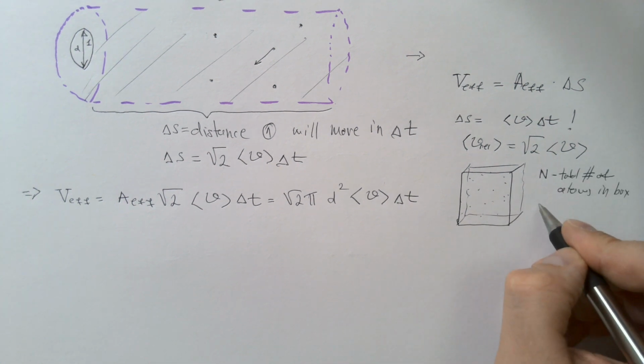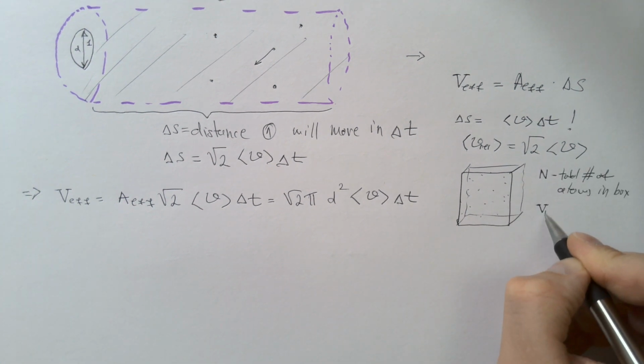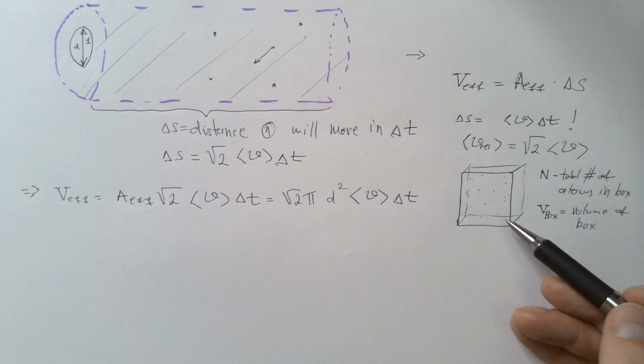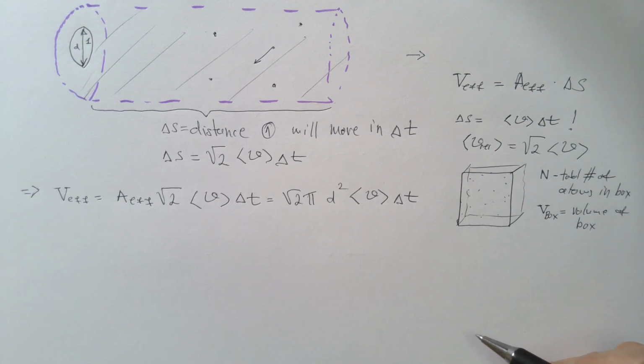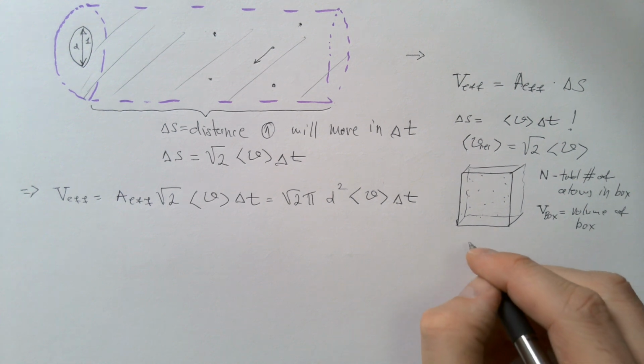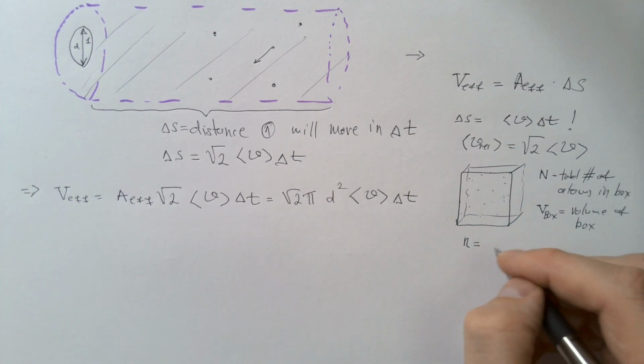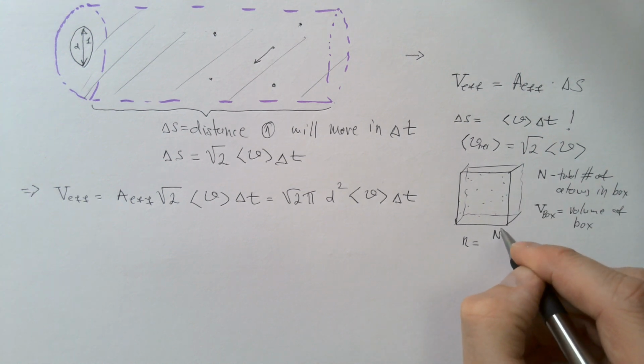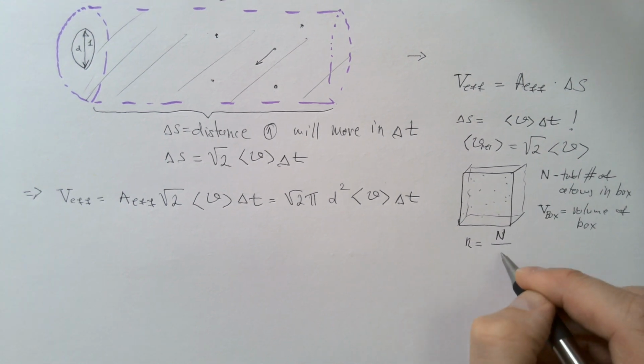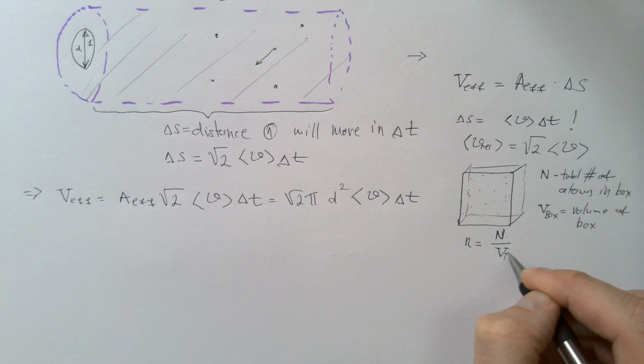Volume of this container I will call V box. Now, as I said, this box could be your shoe box or your lungs, and I'm not interested in these. I'm interested in number of atoms per unit volume. And of course, that would be number of atoms in this box per volume of this box.